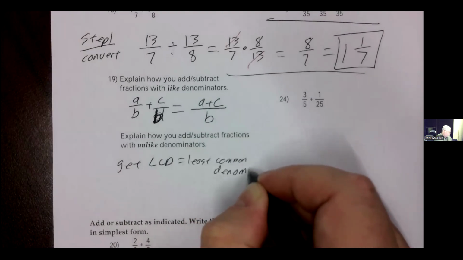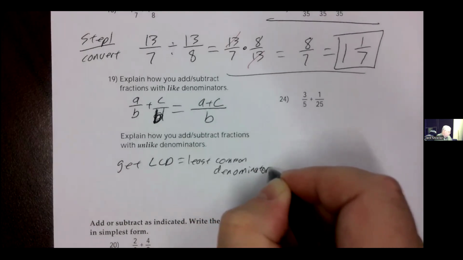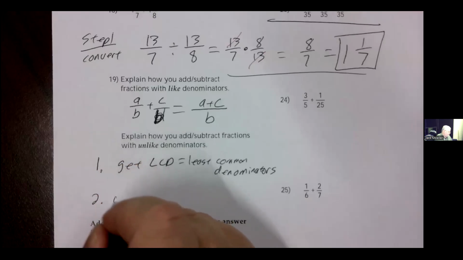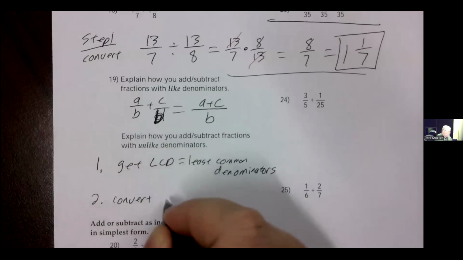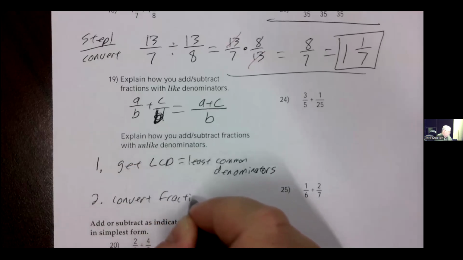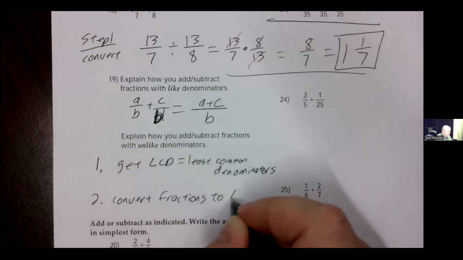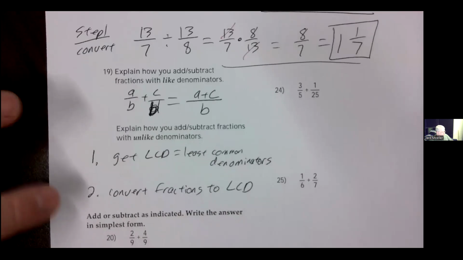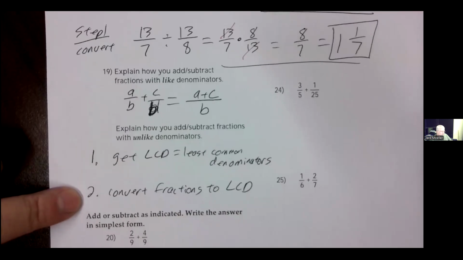And then you need to convert your fractions to the LCD. That way they'll all have the same denominator, then you can do your adding and subtracting. We're going to go over that part, but it's usually that second step of the conversion where mistakes are made.